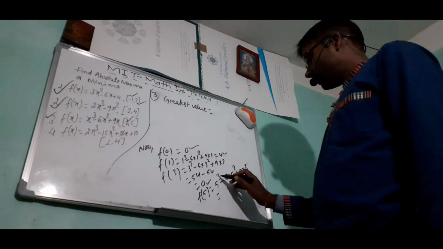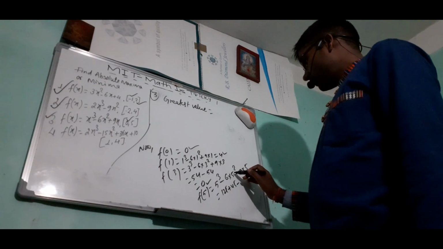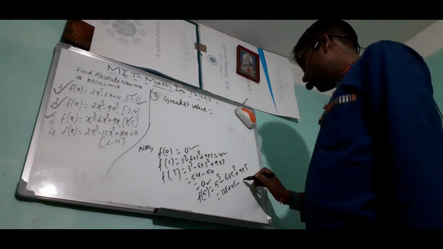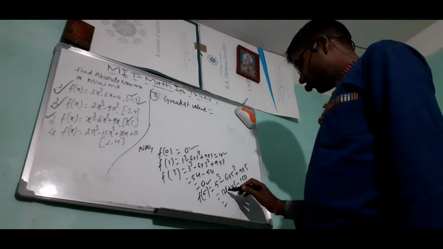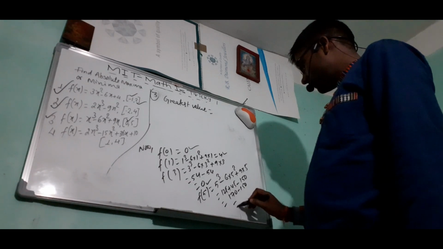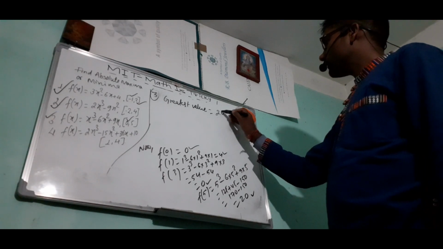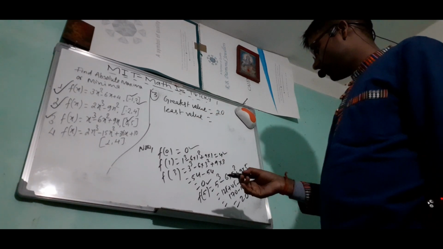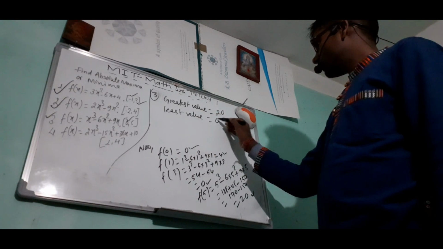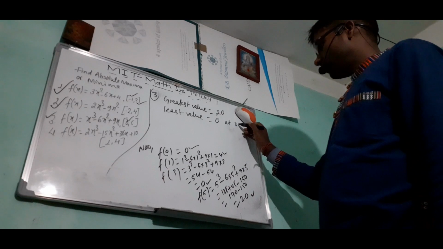So simply it will be 125 plus 45 minus 25 into 6, 150. So it is here 170 minus 150. Answer is here 20. So which one is the greatest one? 20 is the greatest here. Least value is how much? Least value we can see here is 0, at 0 and 3.